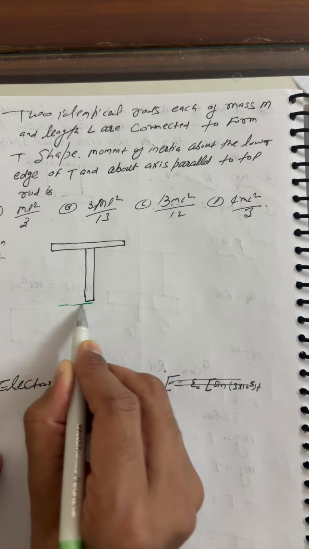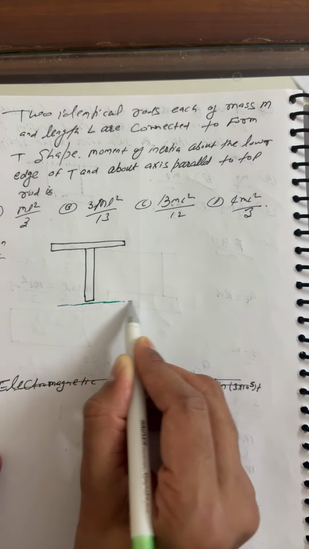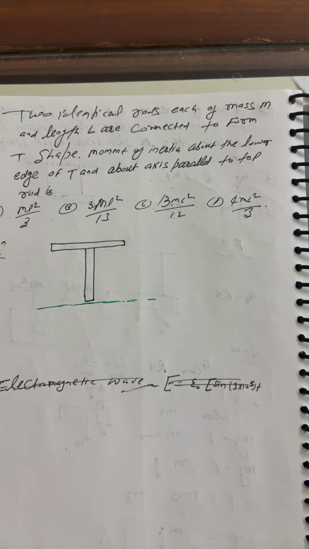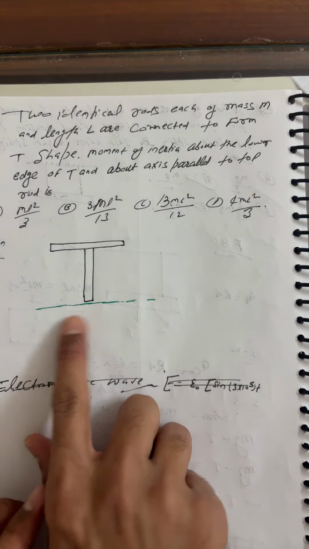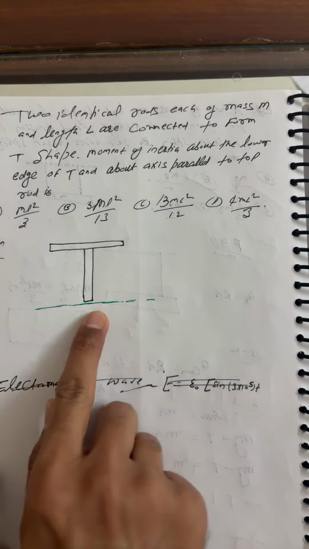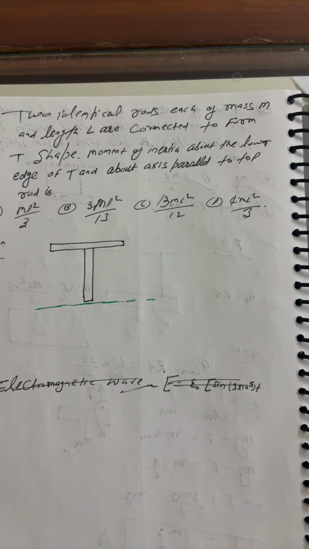For finding moment of inertia, in center of mass I said the mandatory thing you have to show first in your diagram is the origin point. To find moment of inertia, first we have to highlight the axis of rotation. So this is the axis of rotation.